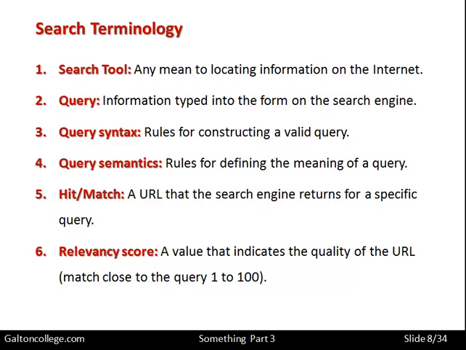So a relevancy score, sometimes if we type in cars made by Ford in the 1960s, we might get back something, toy cars made by somebody called Joe Ford or whoever. So it's brought back information, but it's not relevant to what we meant.